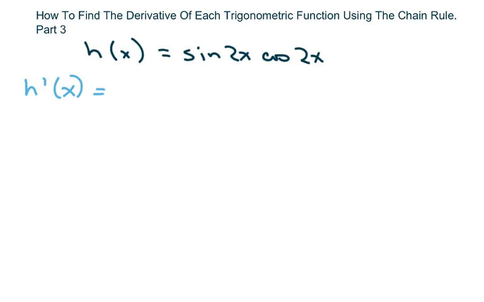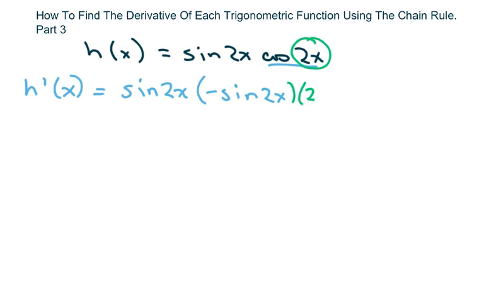So the derivative of sine, what I'm going to do is the product property, and I'm going to write sine of 2x. Now I have to take the derivative of cosine. The derivative of cosine is going to be negative sine of 2x, and then you also have to use your chain rule, and the derivative of 2x is just going to be 2.